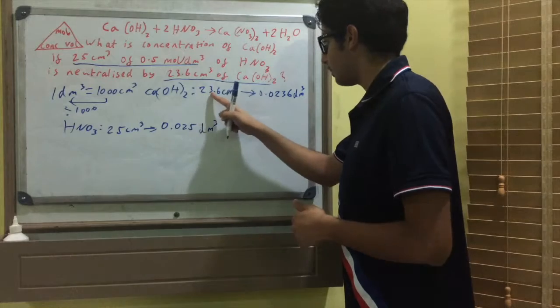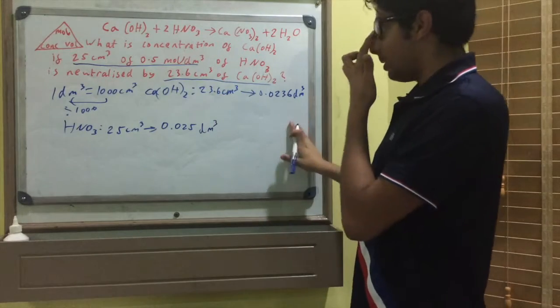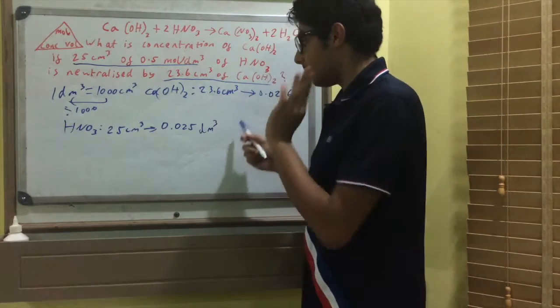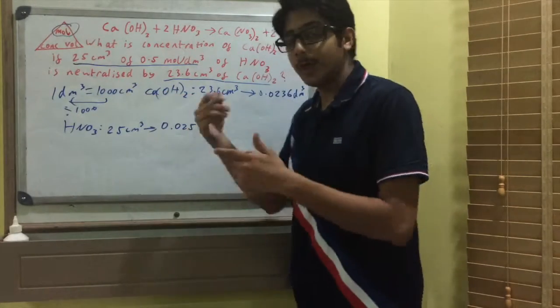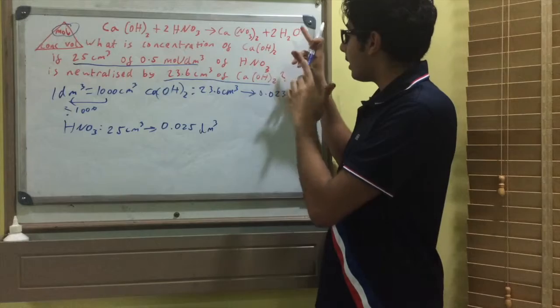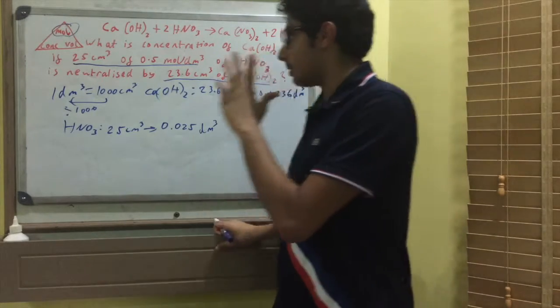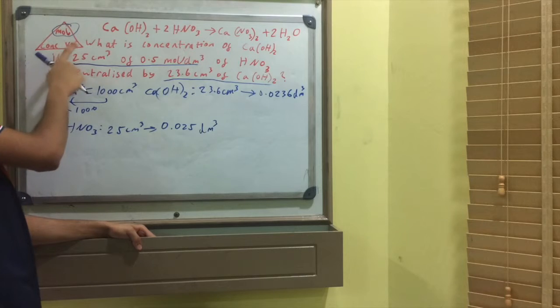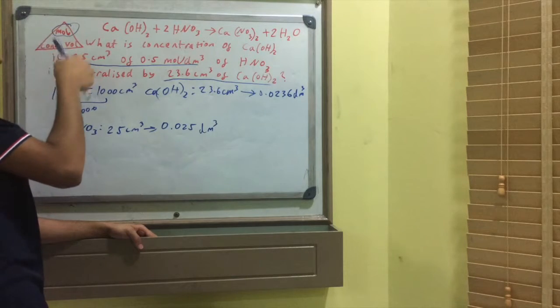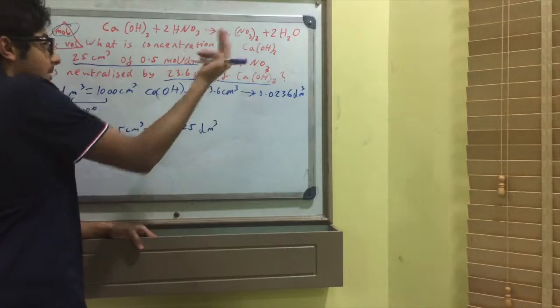Yes. Now, what you do is you work out the moles to relate the two substances. So, to find the moles, you do concentration multiplied by volume. We only have enough information for the nitric acid to do that.